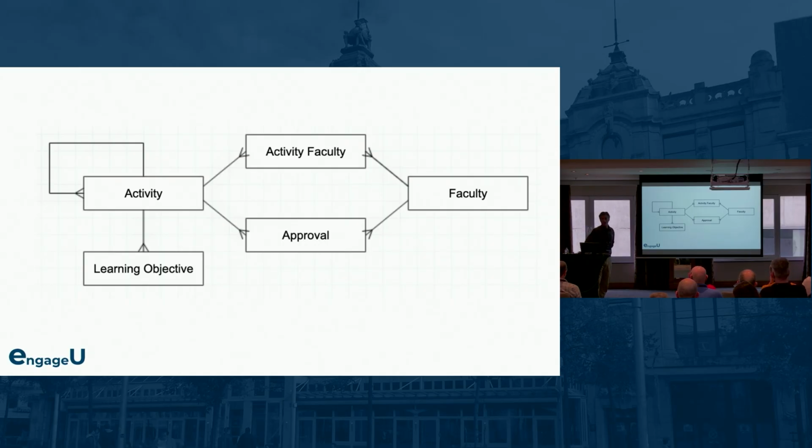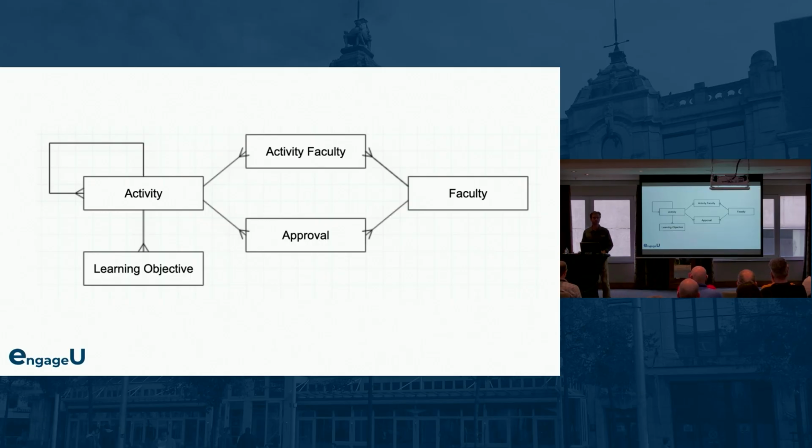Then we have a child table, which is learning objectives. Each activity needs to have a few learning objectives. And an activity can have a parent activity. For instance, if we were using this application to manage this event, this session would be a child to a parent activity record that would be the conference itself.